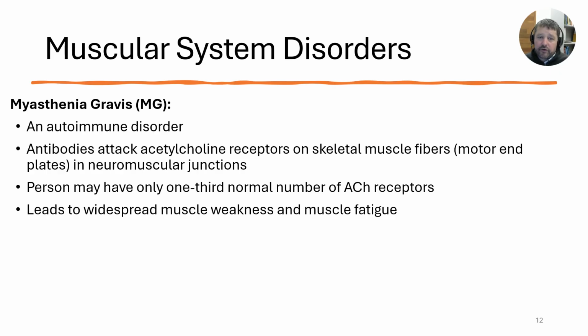And so when that occurs, the individual will often have motor reflexes that are much slower than a normal individual or someone without MG. They also tend to have muscle weakness and muscle fatigue, because it destroys lots of the receptors.